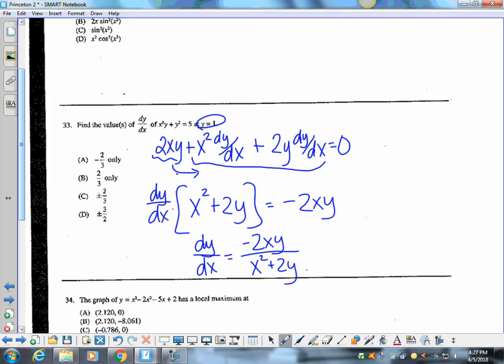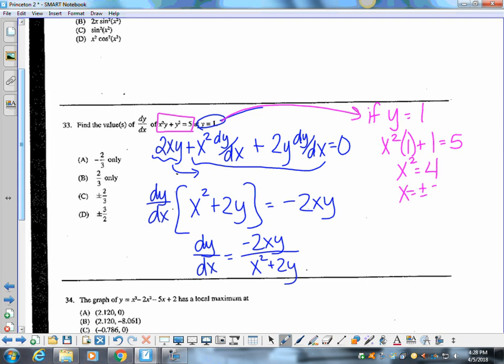So what I need is what x goes with this y. So if y equals 1, come in here and let's find his x. So that would be x squared times 1 plus 1 equals 5. So x squared equals 4.